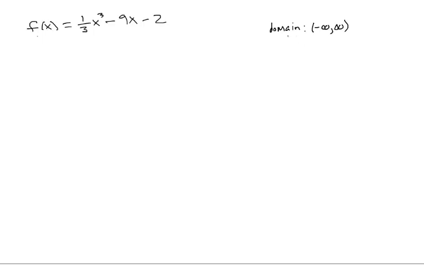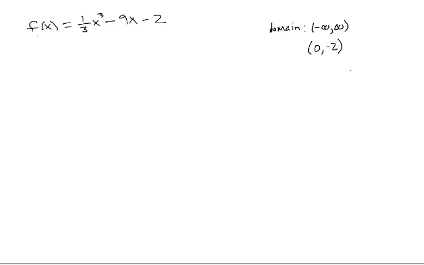Our y-intercept, which would be probably the only one I'm going to find here, because it's cubic, it's going to be hard to find the x-intercepts. So if we put 0 in for all the x terms, then we get -2. So 0, -2 is a point on our graph. So that's one of the intercepts.